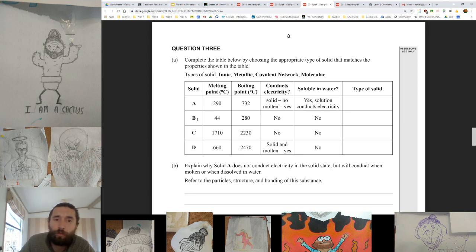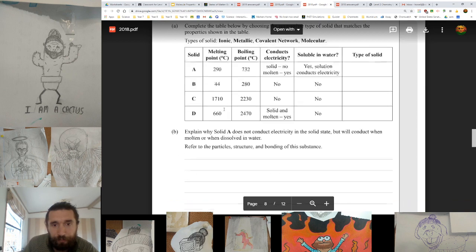Because these forces are quite weak, not much energy is required to break the intermolecular forces, so it has a low melting point.